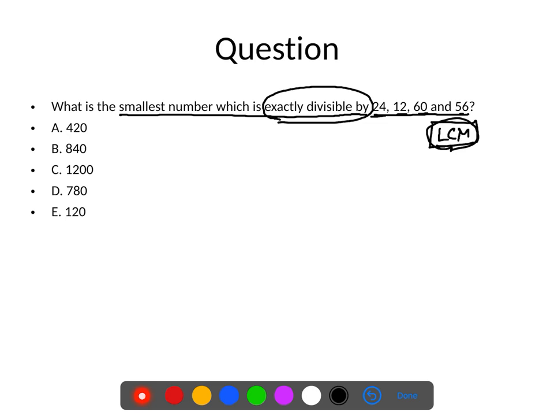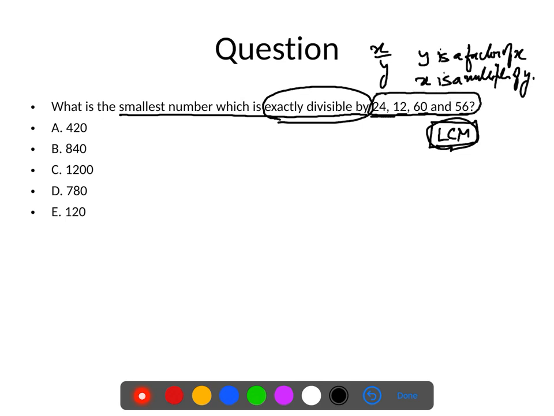So if I say x upon y, if I say y is a factor of x, that means x is a multiple of y. So if y is a factor, x is a multiple. The number must be divisible by all these numbers, so all these four numbers are factors of the number that we need to calculate.